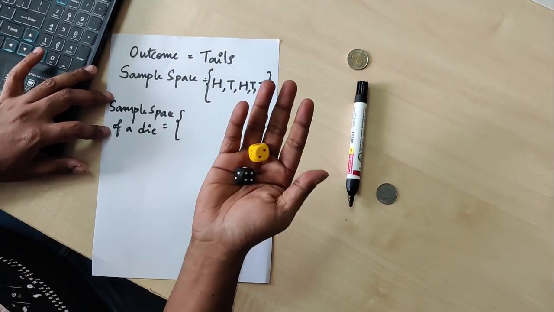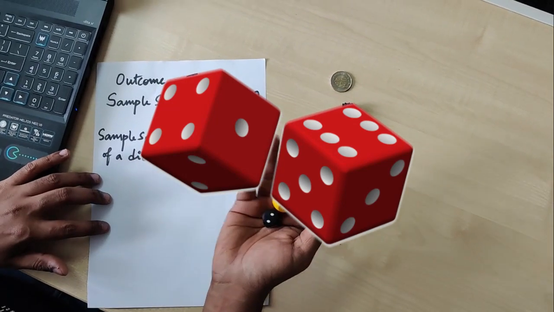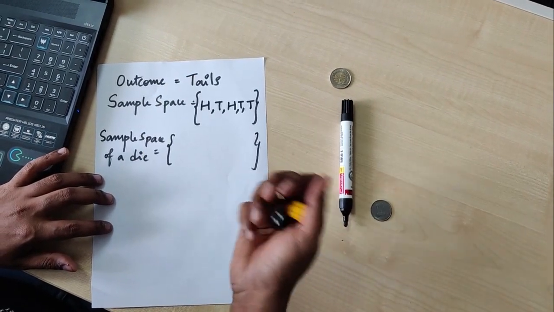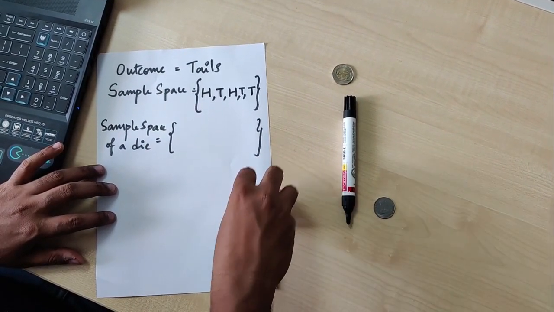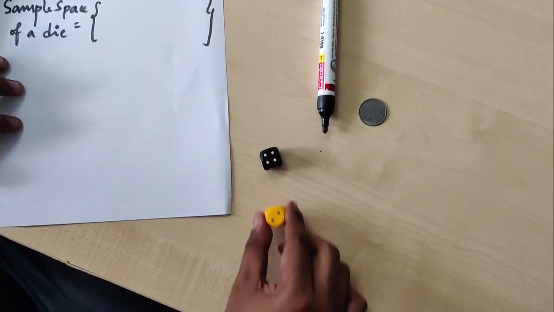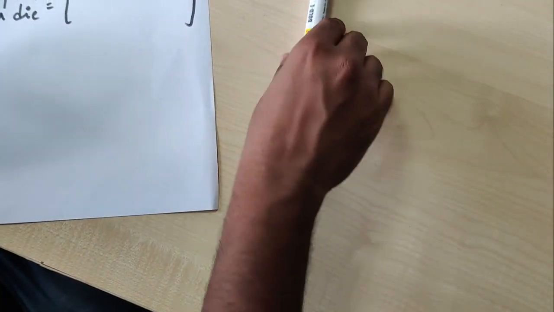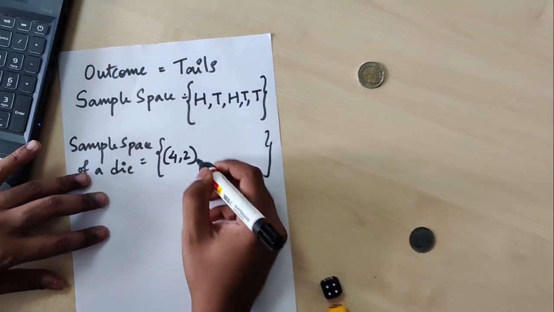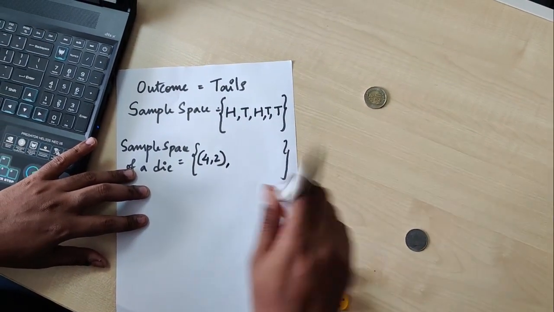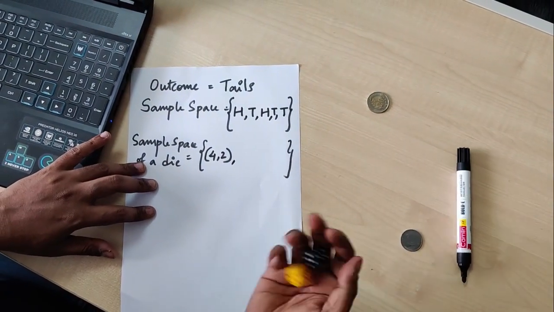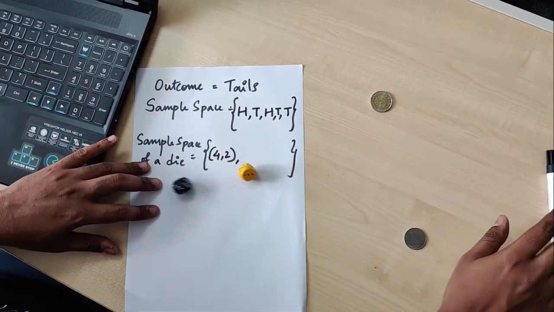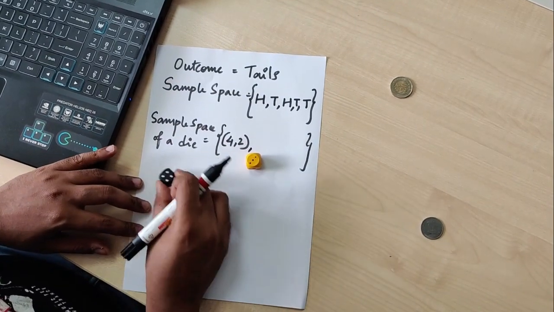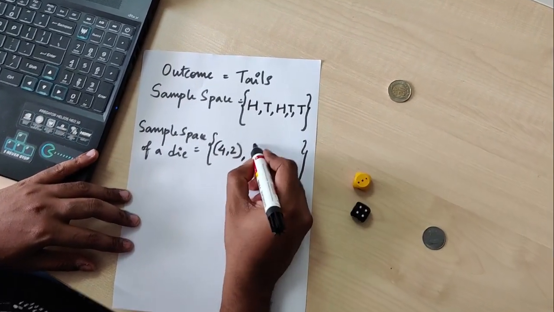So I'm going to take 2 dice in this case. Now I'm going to do the experiment. So what I got is 4 and 2. So my result will be 4, 2. This is my first experiment. Now I'm going to do the second one. What I got here is 4, 3.